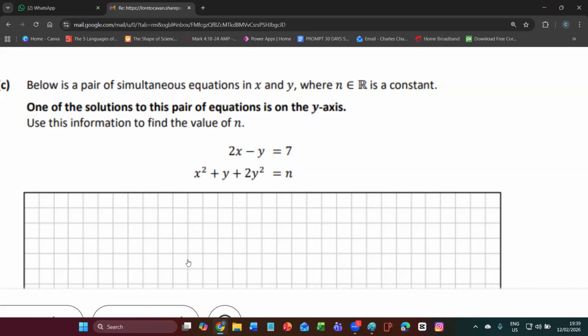For now, just understand that everywhere along the y-axis, x is 0, and everywhere along the x-axis, y is 0. Because they told us one of the solutions to this pair of equations is on the y-axis, x will be 0 for that particular solution.